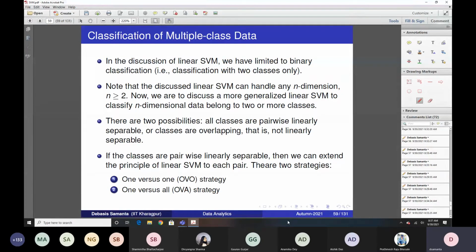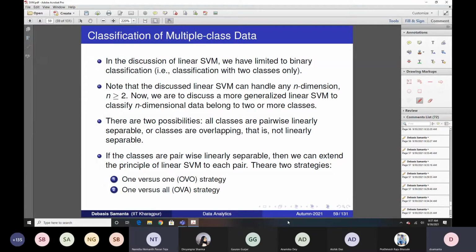Now, the one versus one strategy. Our objective is to classify multi-class data, and we want to do that using the same linear SVM which we have used to classify binary class data.